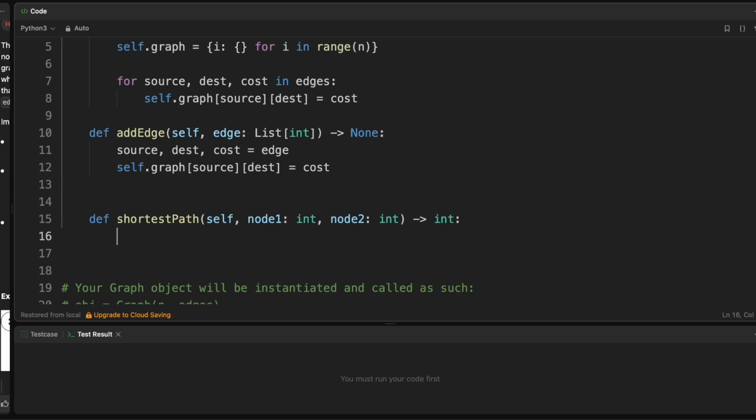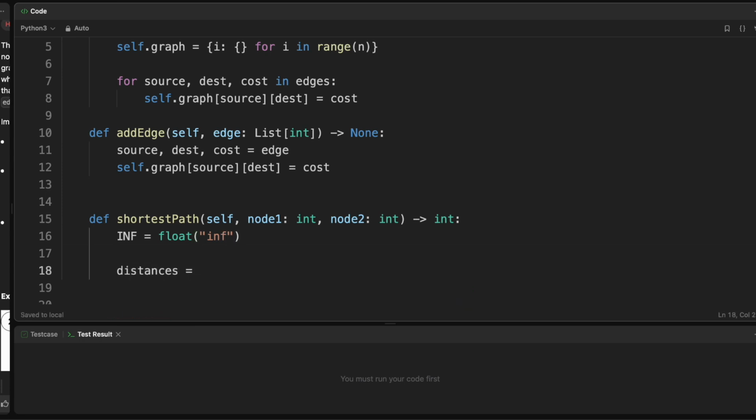Now let's come to the shortest path part. This is the main part of this particular question, and let's initialize the infinite variable. Now let's do distances, which is going to hold the distance for all the nodes, for node in range of self.nodes.